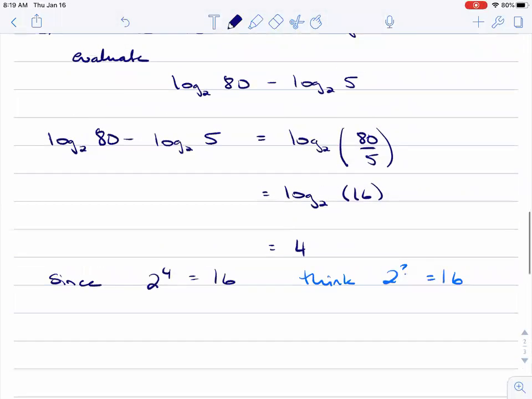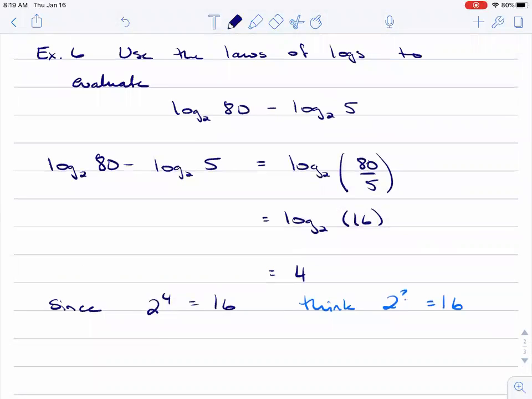I personally never liked these types of problems because so what? I'm just supposed to realize that I'm supposed to think of 2 to the power of something equals 16. I like the concrete stuff.